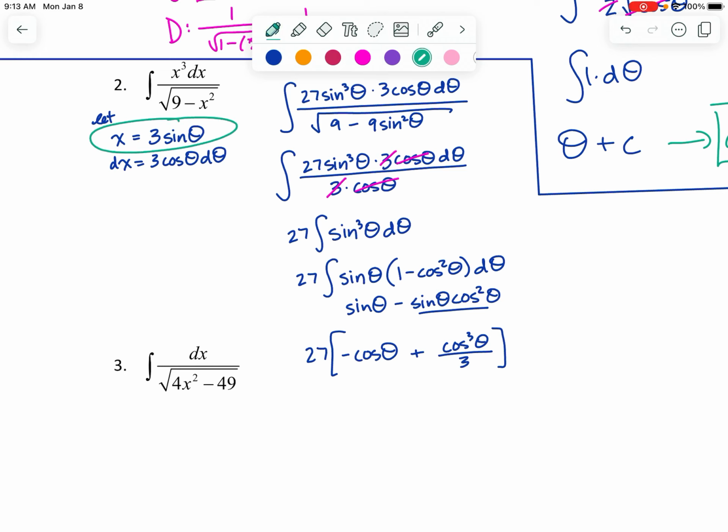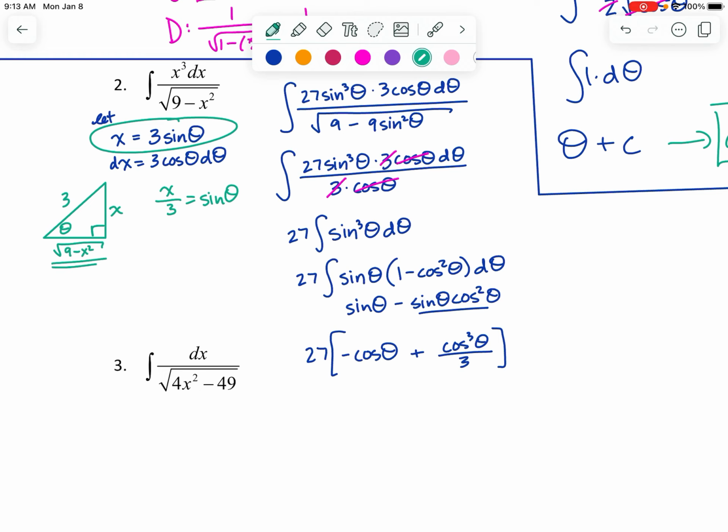We have to take this and we need to go and draw ourselves a triangle. We're going to draw ourselves a quadrant 1 triangle, always quadrant 1. And I'm going to put my angle in here. If x over 3 is equal to sine, then I'm going to end up with an x here and a 3 here. I can do the Pythagorean theorem so that on the bottom, I get the square root of 9 minus x squared.